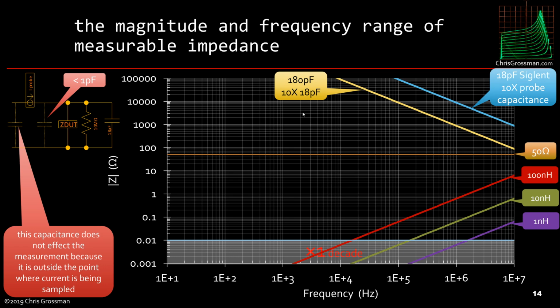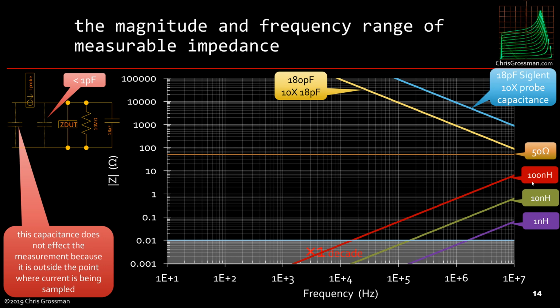Now the other issue we have is inductance in series with the device under test. So essentially lead inductance. If you put the probes right up against the device we're measuring, you're going to get about a nanohenry of inductance. It's going to be almost impossible to get below that. If the probes are almost any distance away from the device, you'll be on the order of 10 nanohenries.